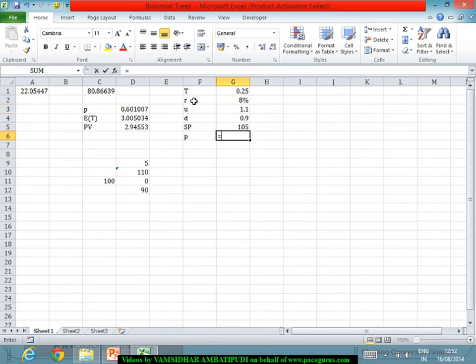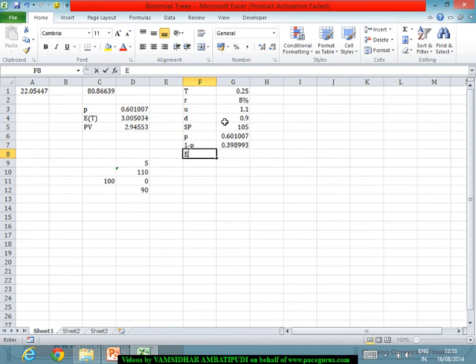From here I am able to find the risk neutral probability, which works out to e power RT minus D, divided by U minus D, resulting in the probability of going up. The probability of going down, I'll denote as 1 minus P, which works out to this much.